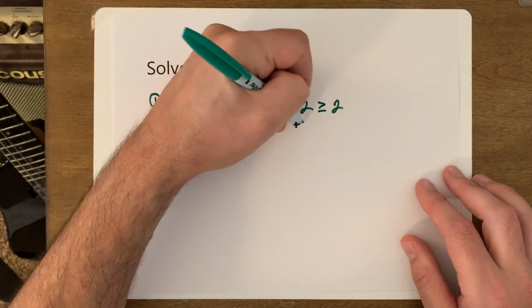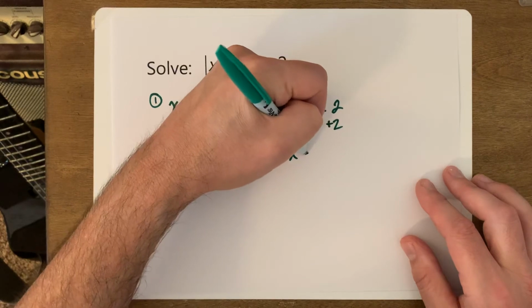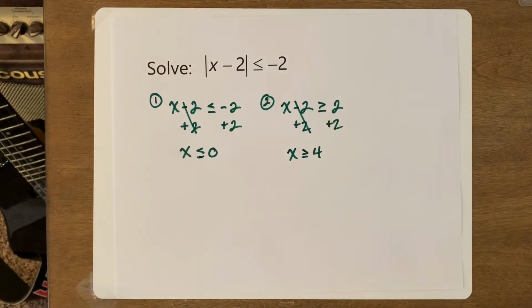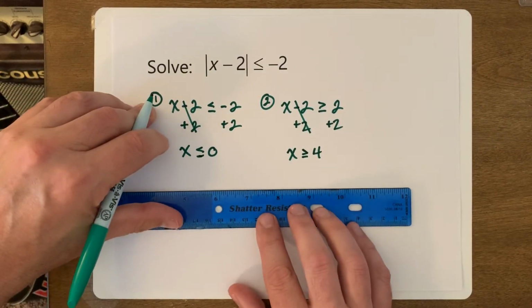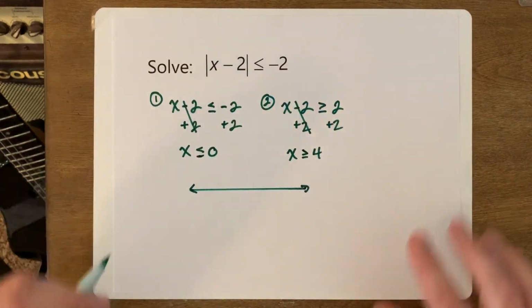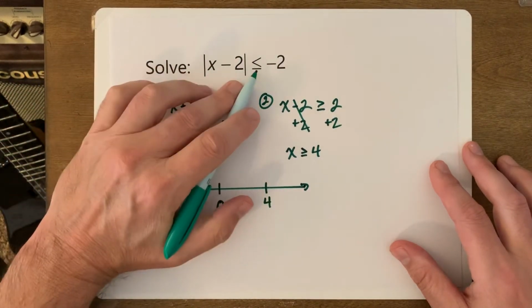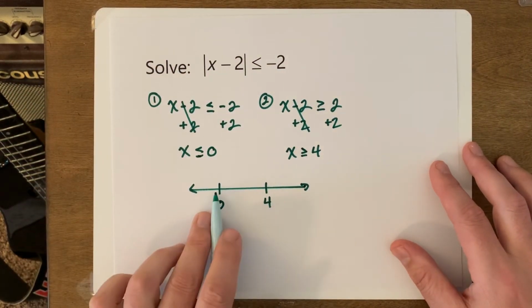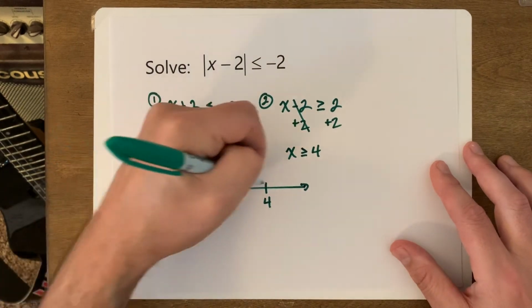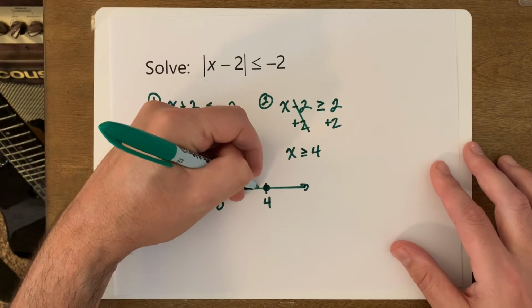And the second one, add 2, and then they get x greater than or equal to 4. And then the student usually takes their line there, puts 0 on there and 4. They say, oh, that's an and, so it's going to be in between. They put 2 closed circles on here, and they immediately shade everything in the middle.